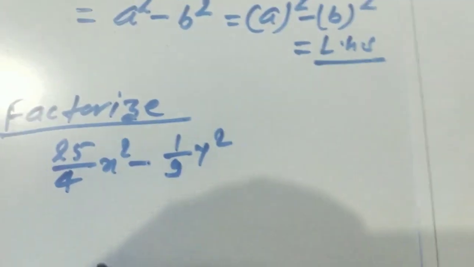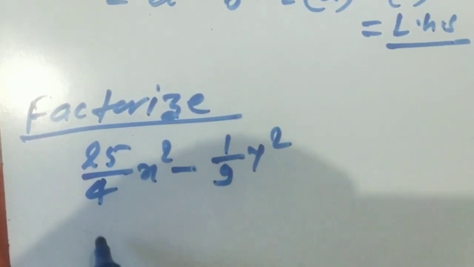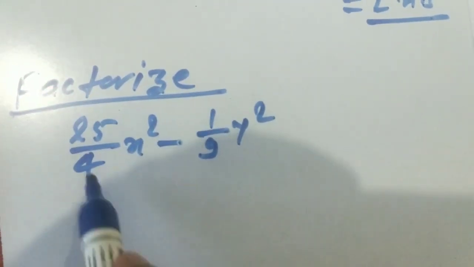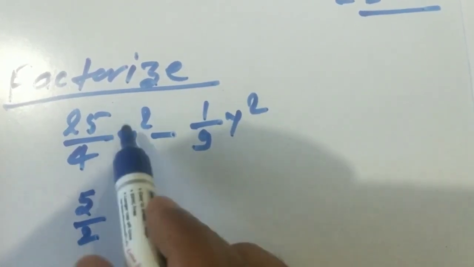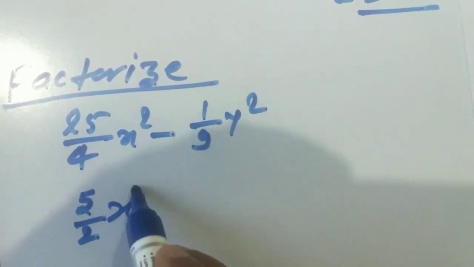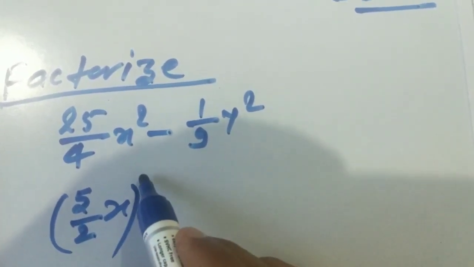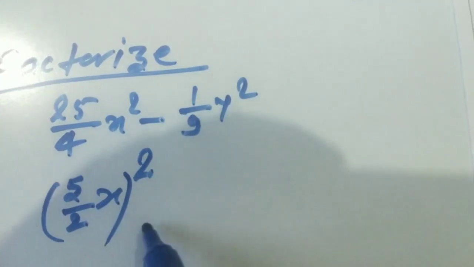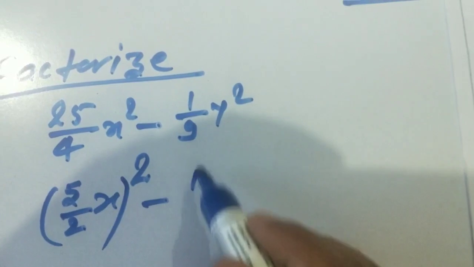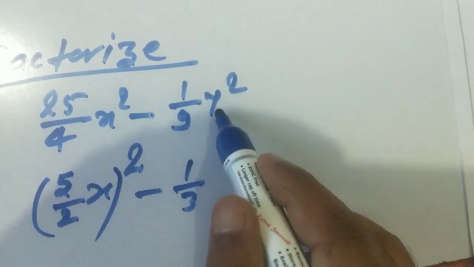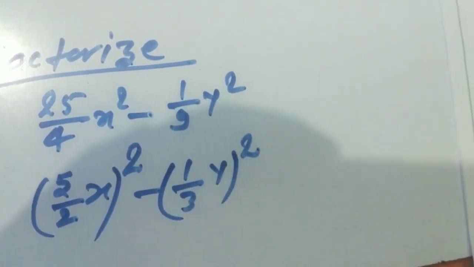So you know that 25 is the square of 5, so write 5 here, and 4 is the square of 2, so write 2 in the denominator, and x square is here, so write x, because the square of x is x square, and then put the whole square on it. And 1 is the square of 1 itself, 9 is the square of 3, and y square is the square of y. Now write it as whole square.